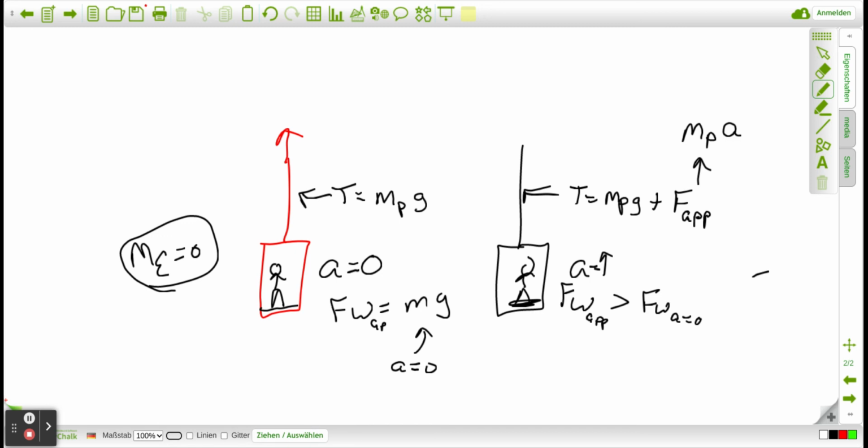Then we talk about the other scenario where the elevator is going to be going downward and accelerating downward. And so acceleration downward would mean that the applied force could actually be less, that you actually need to be pulling up with less force than their weight. So the sign of this would be changing to minus, and in that particular case, the applied force is less than their weight.